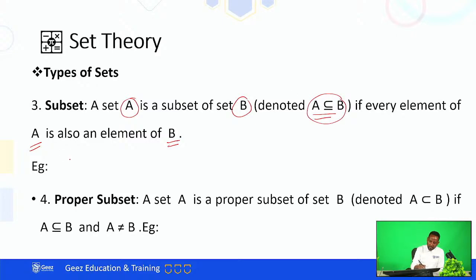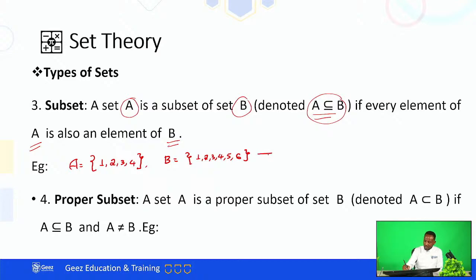I can provide an example over here. Say, for example, you have set A. We know a set is denoted by capital letters. Then the entries can be 1, 2, 3, and 4. You may have another set B with entries like 1, 2, 3, 4, 5, and 6.